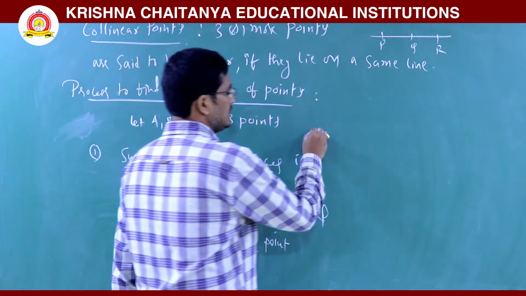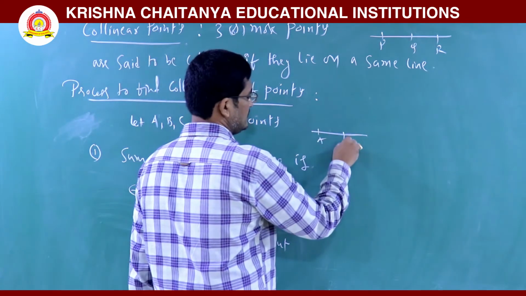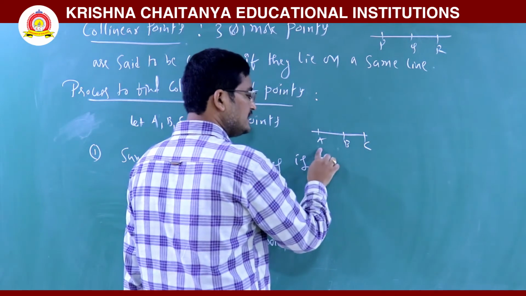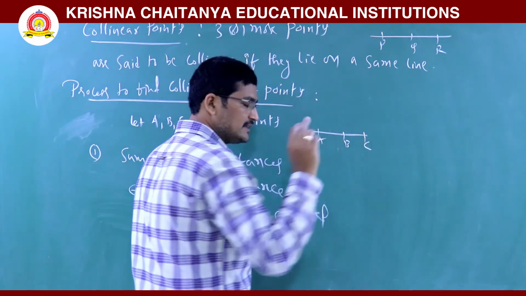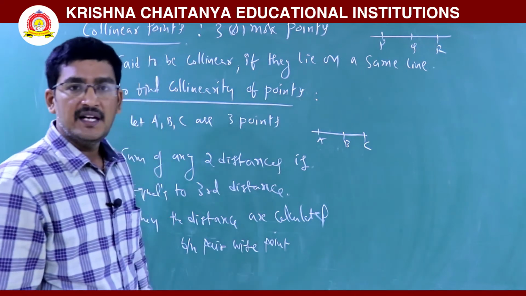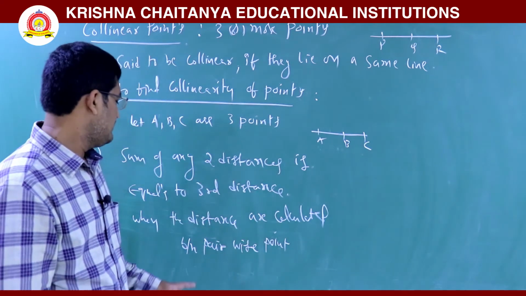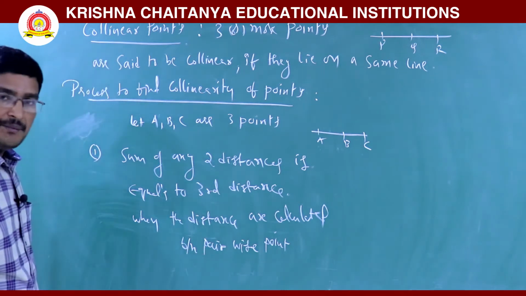First find the distance AB and the distance BC. Then if AB plus BC is equal to AC, you decide the points A, B, C are collinear. Sum of any 2 distances equals the third distance, where the distances are calculated between pairwise points.